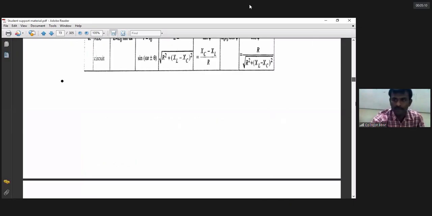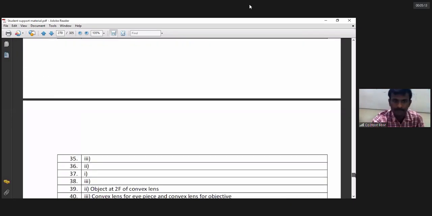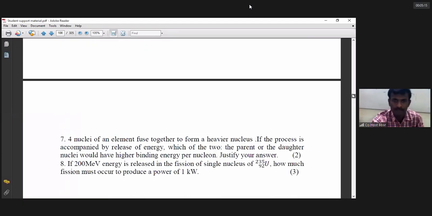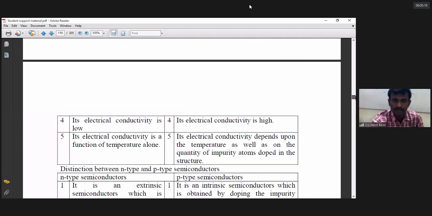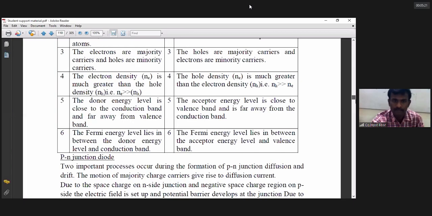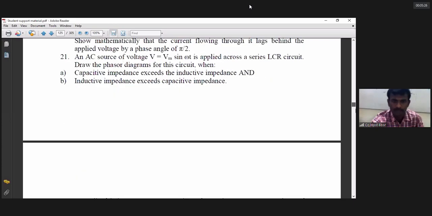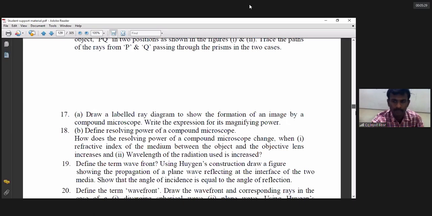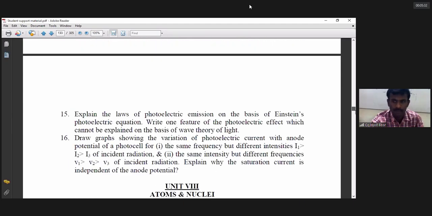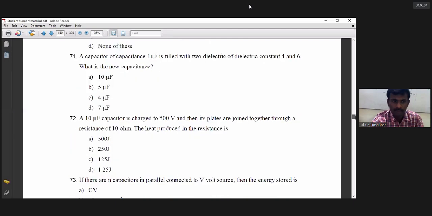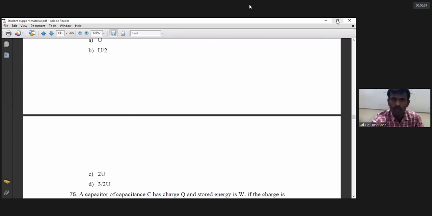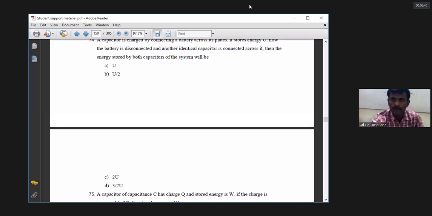Jumping, jumping. Sumit, yes, but we will see.